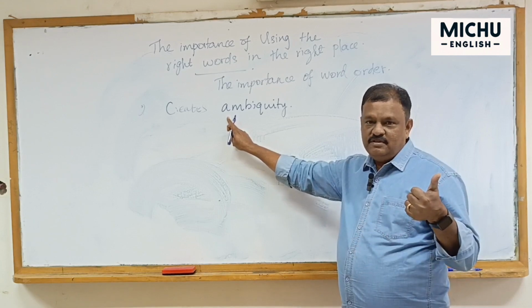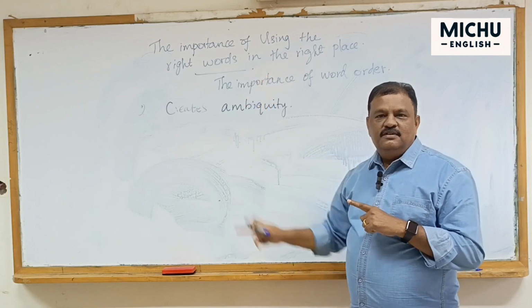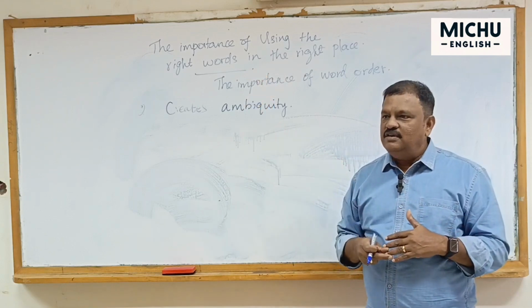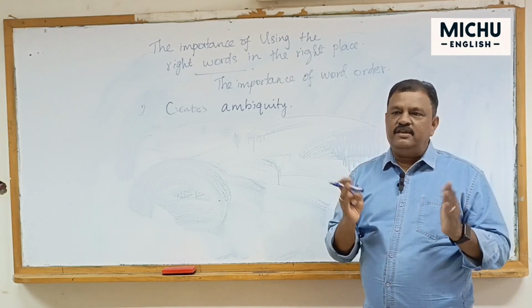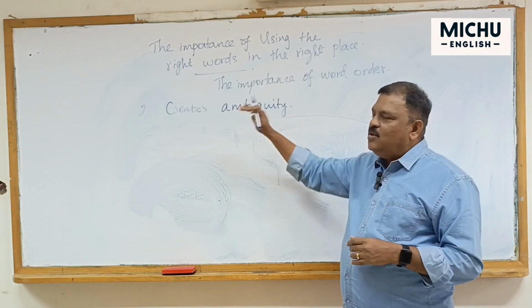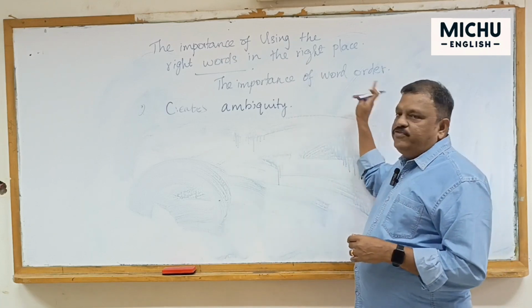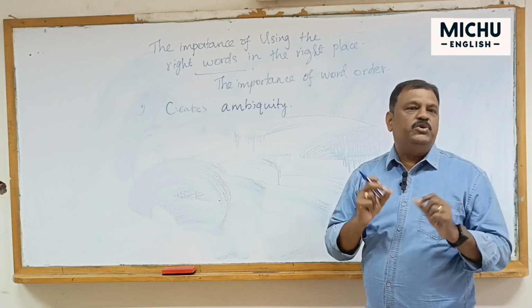Do you understand me? The first problem was what? What was the first problem we just saw? Yeah, there will be a change in the meaning. Now, the second one is, if you don't know to follow the word order, then it will create ambiguity.